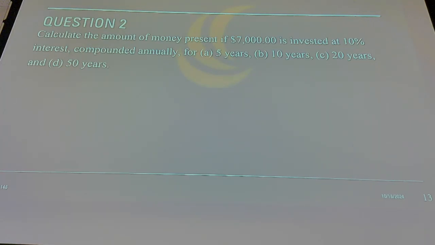10% is the low estimate for the annual rate of return on average for the S&P. So I'm just going to assume that you're doing what the market does. Spoiler alert, you can easily beat it. I do every year. I've averaged probably 20% a year in returns. And compounded annually is just for simplification.